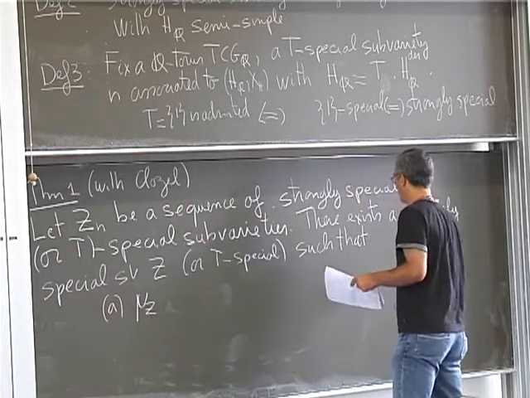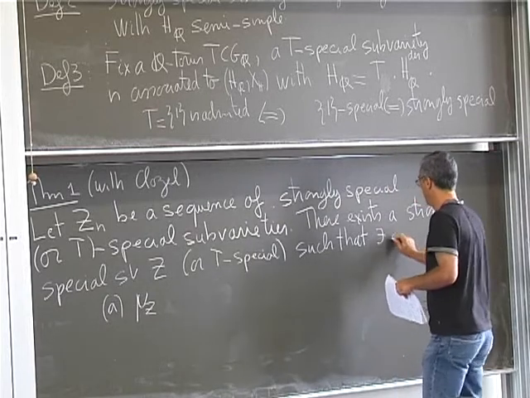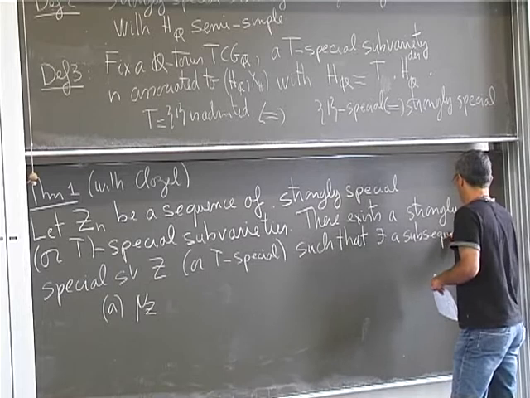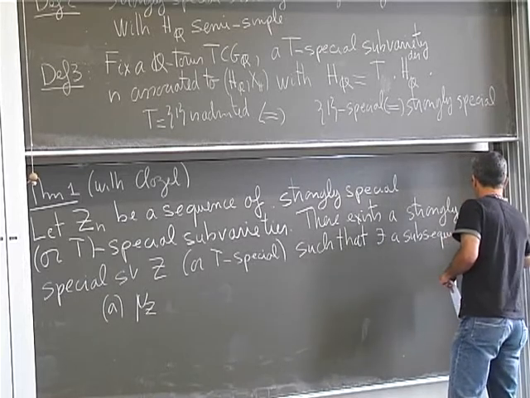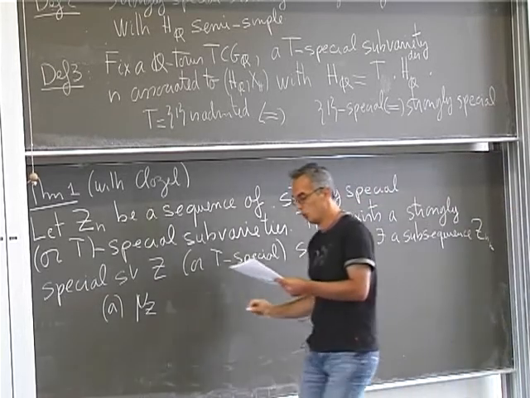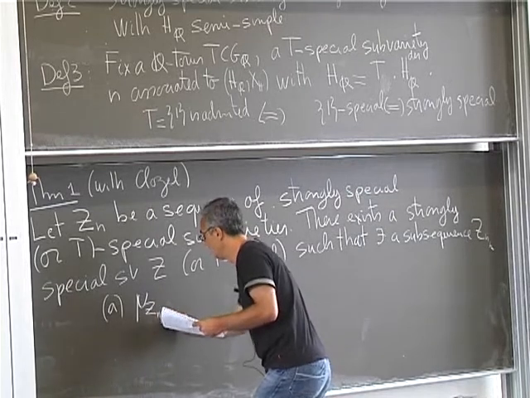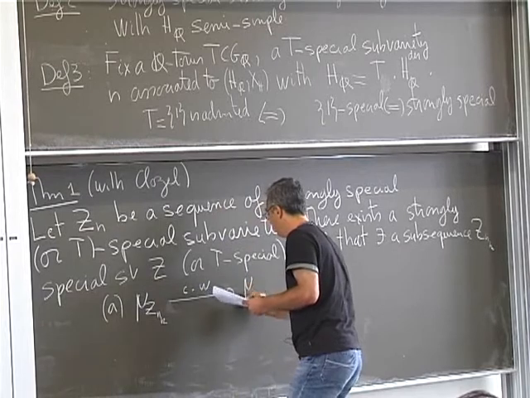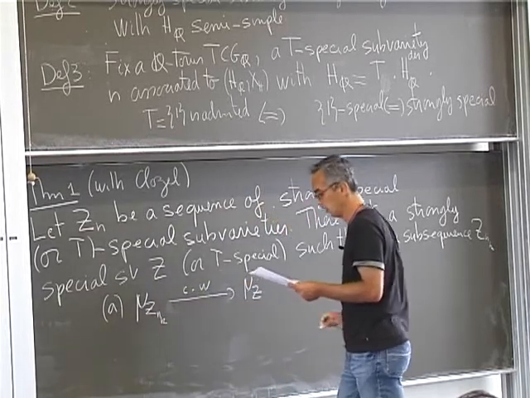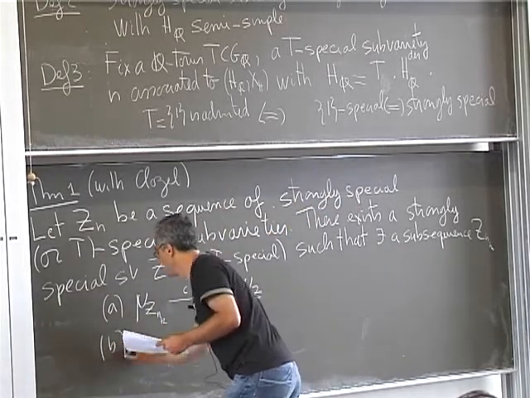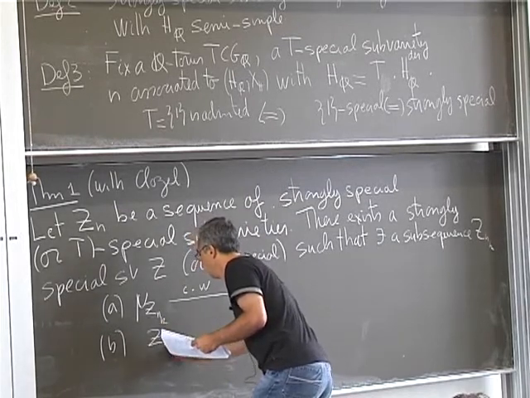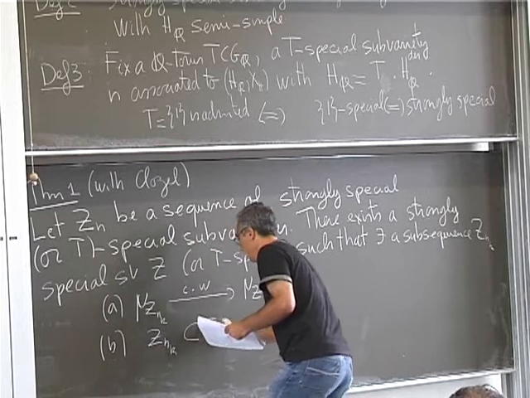There exists a subsequence Z_{n_k} with mu_{Z_{n_k}} converging weakly to the canonical measure on Z, and Z_{n_k} is inside Z for k big enough.